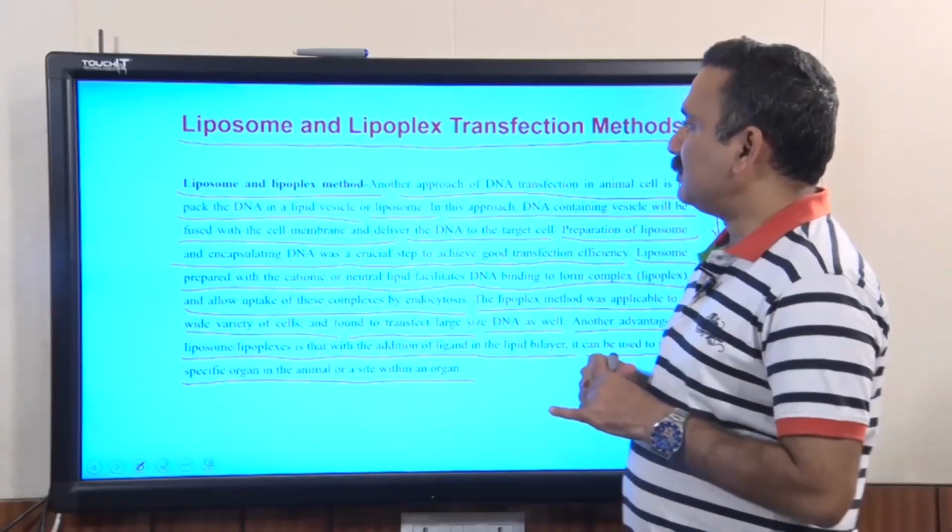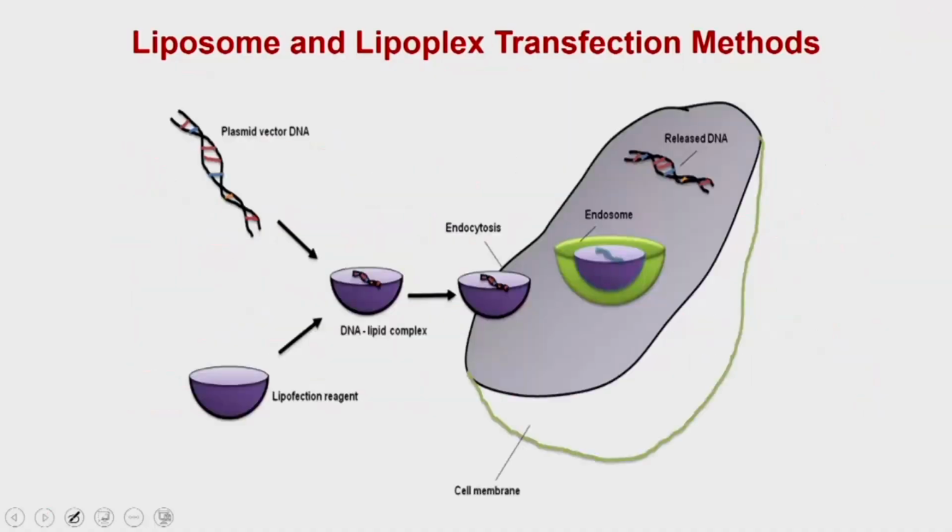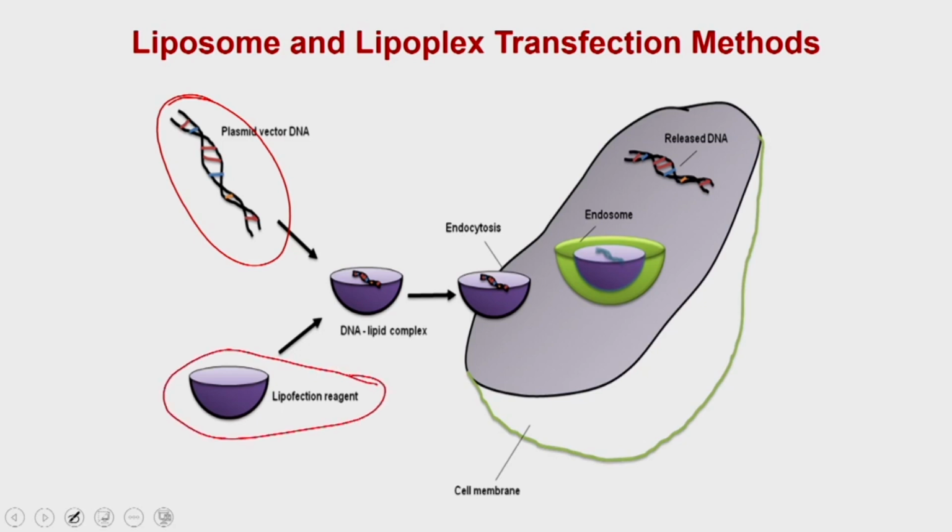In a typical liposome mediated transfection, you take the plasmid DNA and the lipofectamine reagent. Lipofectamine is a patented transfection reagent which is available from the company. You mix the plasmid DNA and the lipofectamine together to form the DNA liposome complexes.